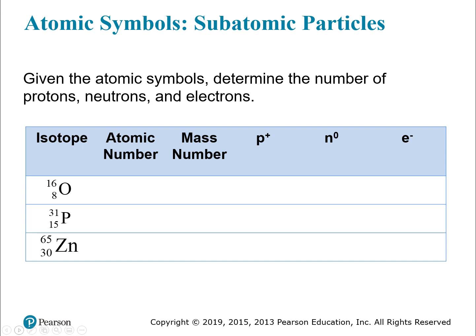Given the atomic symbols, determine the number of protons, neutrons, and electrons. We know that the atomic number is going to be that bottom number. The mass number is the top number.